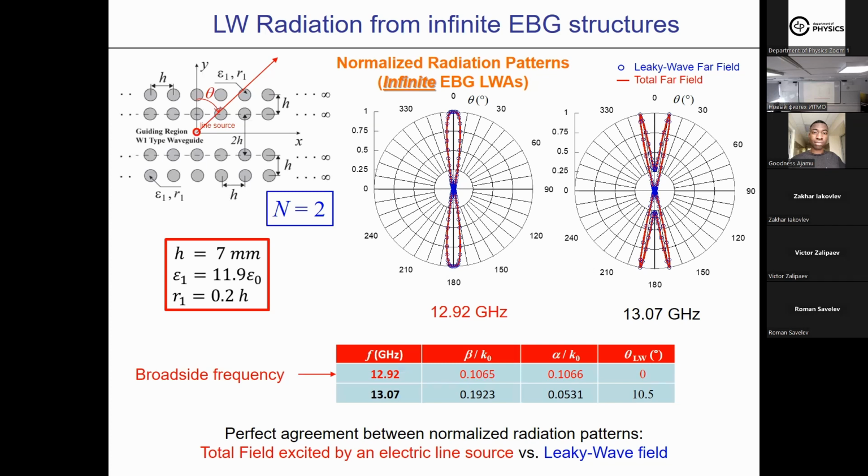Because from the theory, we know that when the propagation wave number is very close, equal to the attenuation constant, you can have the broadside radiation. And the broadside radiation, very direct broadside radiation here in the vertical direction, is very important.